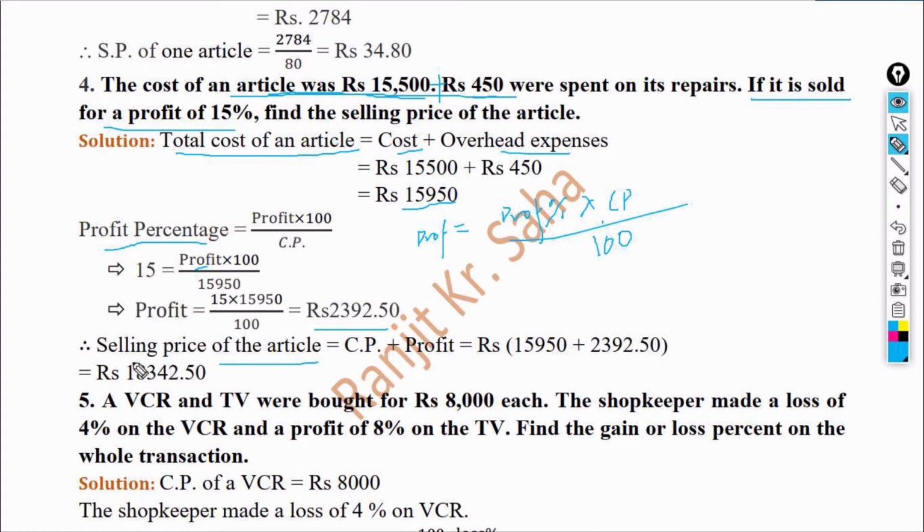Now you can find the selling price. Directly you can get the selling price of the article by using another formula. For SP, in case of gain or profit, you can use (100 plus profit percent) divided by 100 into CP.